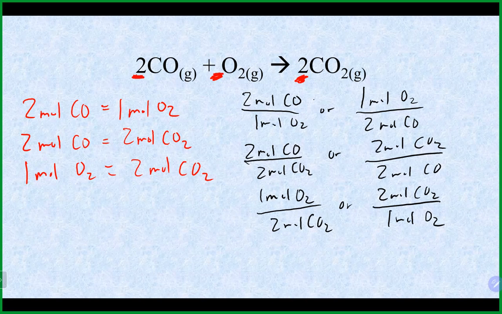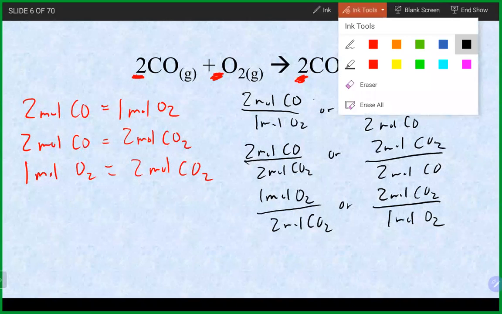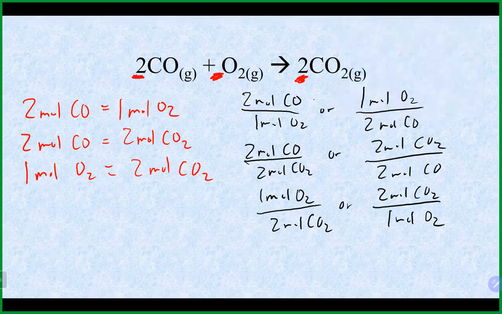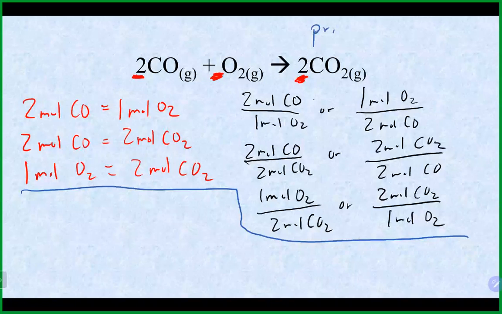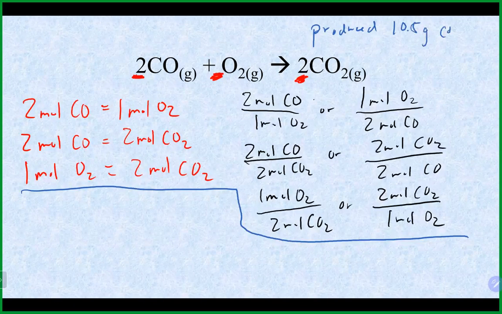So just to show you how it would work, for example, let's just say we produced 10.5 grams of CO2.